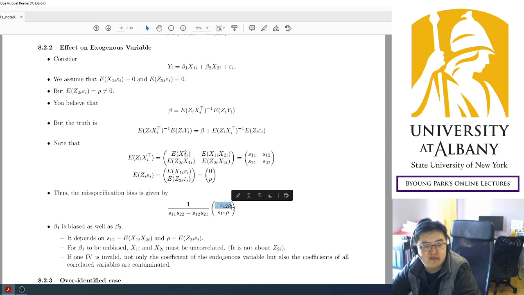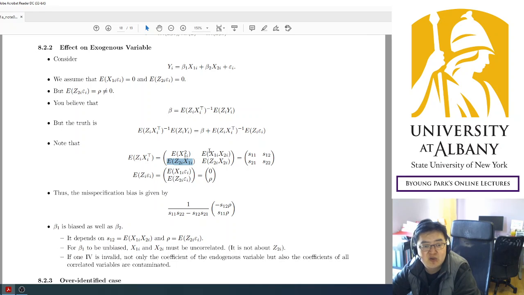But now think about the first guy, and as before, it depends on S12, which is this one. It depends on the covariance of X1 and X2. Interestingly, it is not the covariance between the regressor and the instrument.